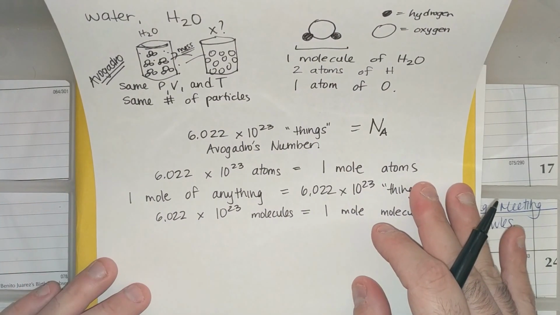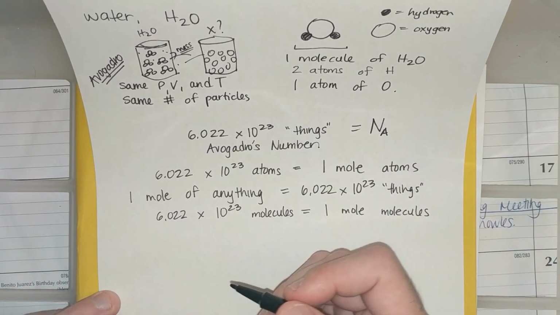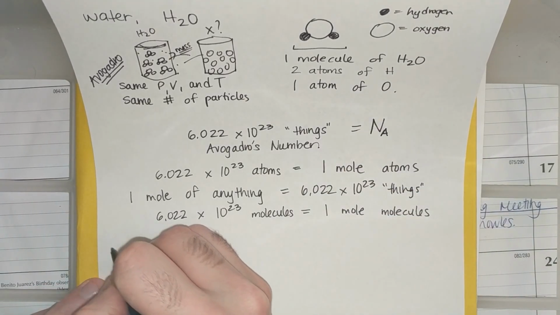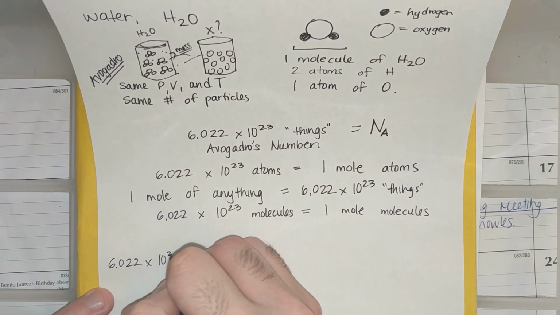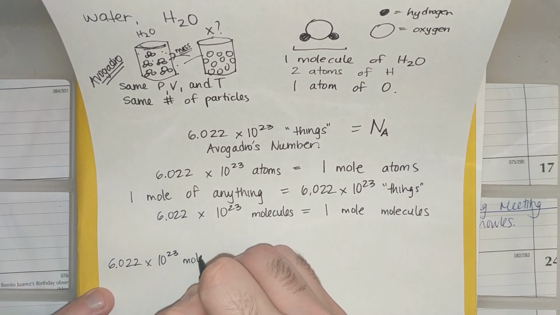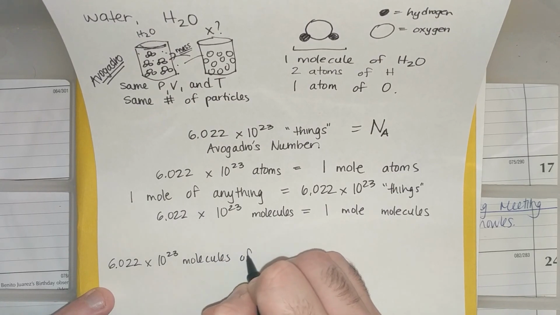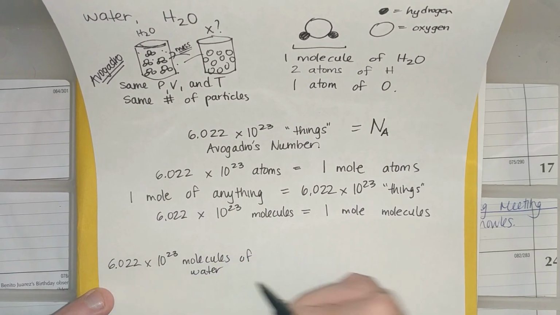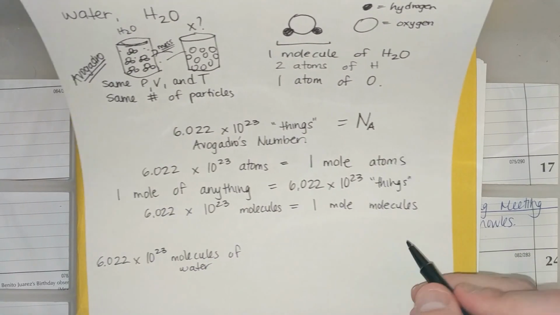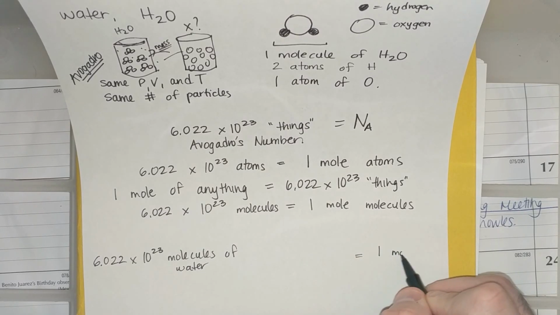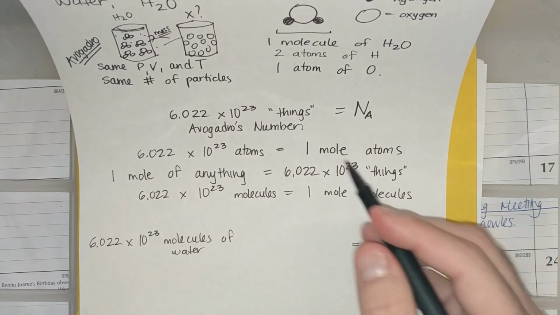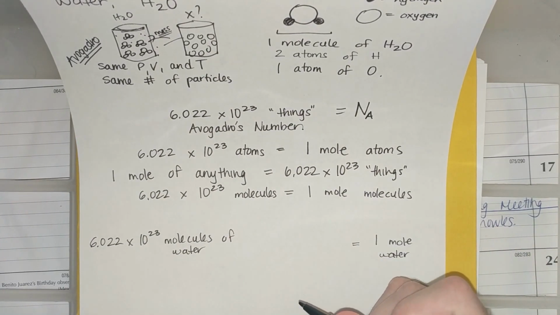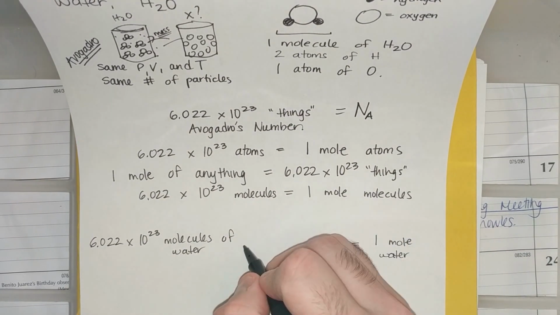So if I have, let's use water for our example, if I have 6.022 times 10 to the 23rd molecules of water, I know automatically that that is equal to 1 mole of water. But the technique or the method that's involved with this is doing a bit of dimensional analysis.